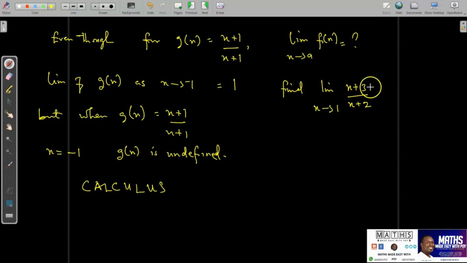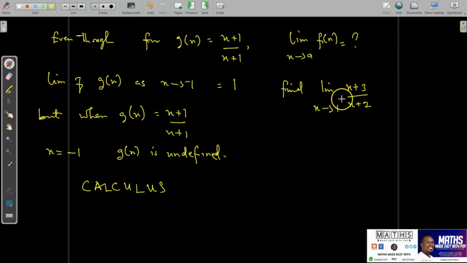Even though this function is a rational function, there's a number for which that function does not exist. What number will it be, please? Negative 2. It means when you substitute negative 2 in here, it makes this function undefined.